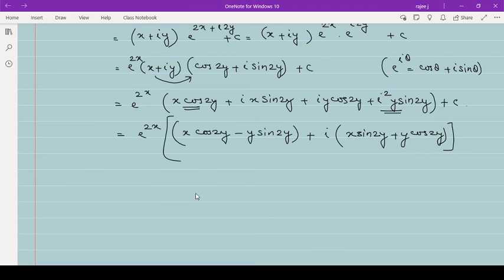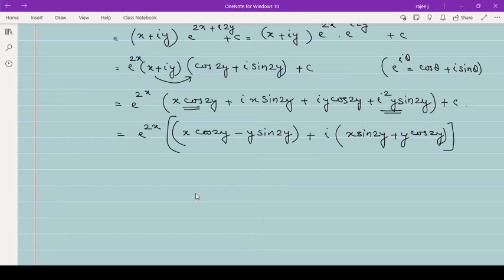This is the imaginary part. Now look at the question: what is the real part given there? e raised to 2x into x cos 2y minus y sin 2y. This is the real part in the question. Instead of i square we can put minus 1.